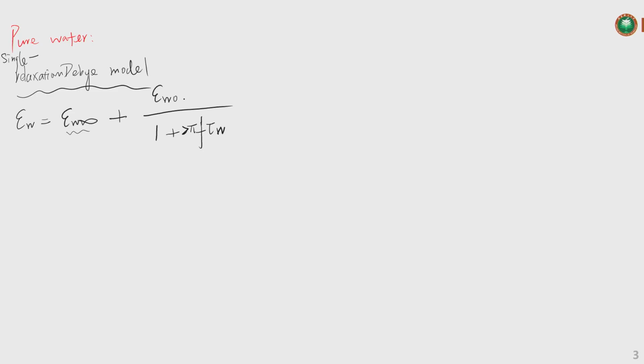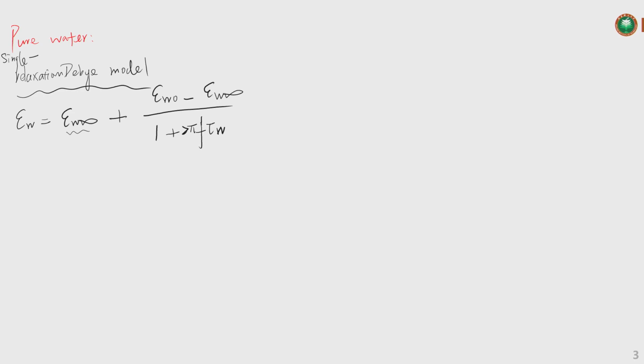So this is epsilon W naught at frequency equals 0, minus the value at infinity. Now this equation considers the spectral lines over the whole frequency spectrum from f equals 0 to f equals infinity, and in measurements it's difficult for us to obtain the dielectric properties, especially when frequency equals infinity.